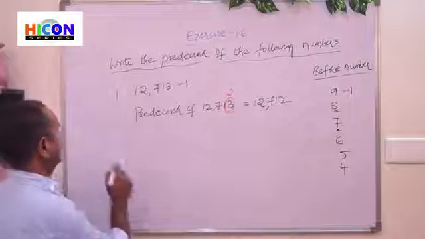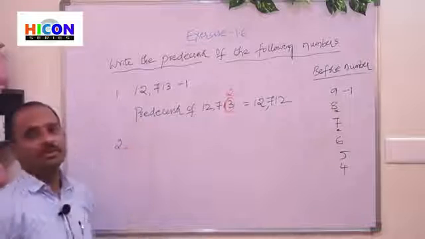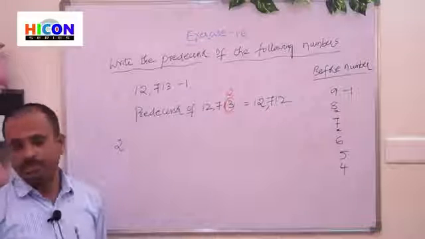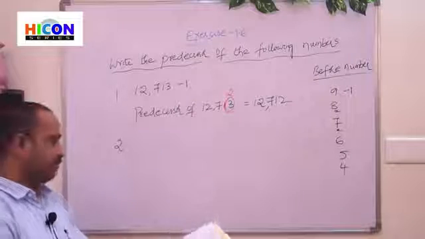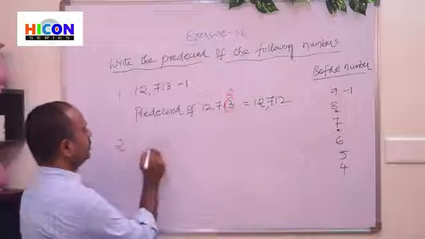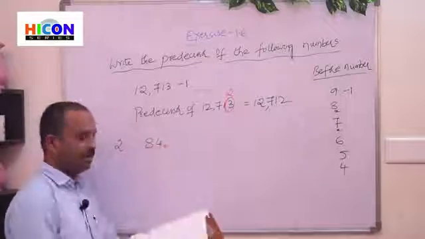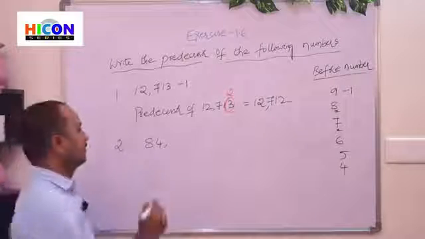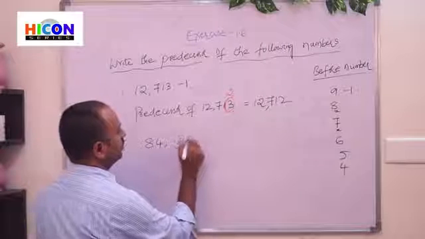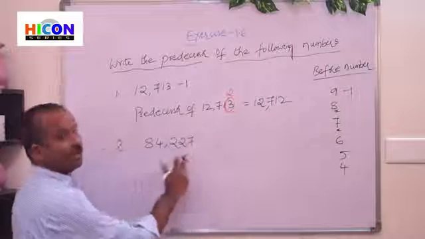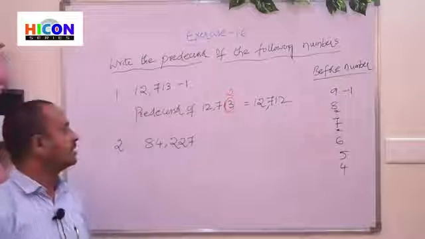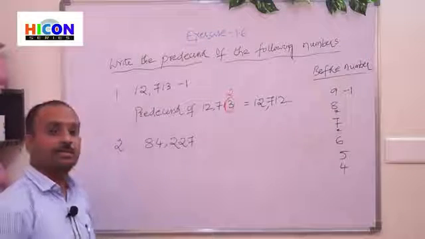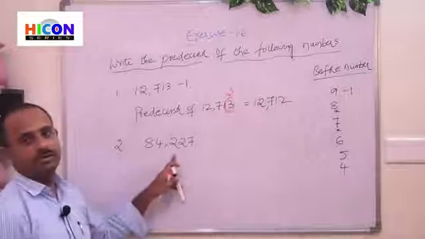Next, we will take another number, for example 84,227. Write the predecessor of this number. The predecessor can be obtained by subtracting 1 from the given number.